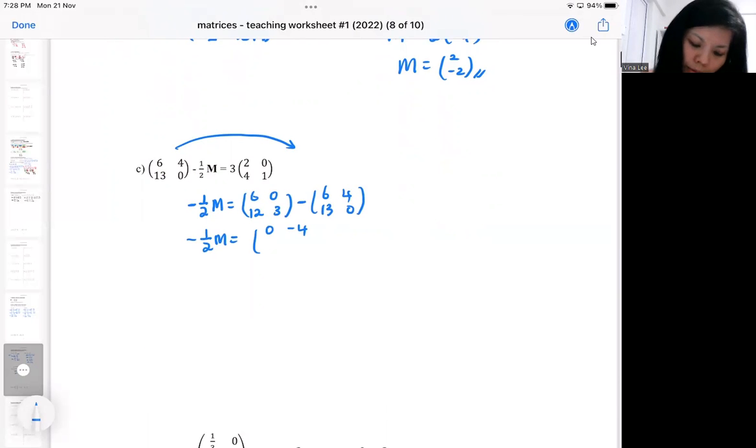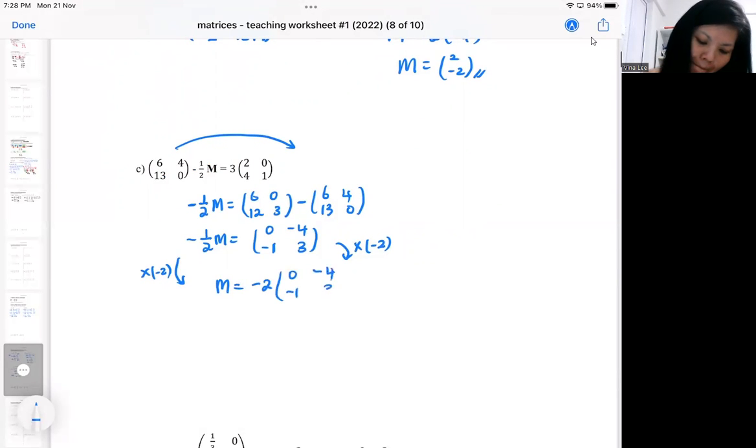Okay, where am I? 12 minus 13. So I multiply by a minus 2. Again, multiply in a negative number.